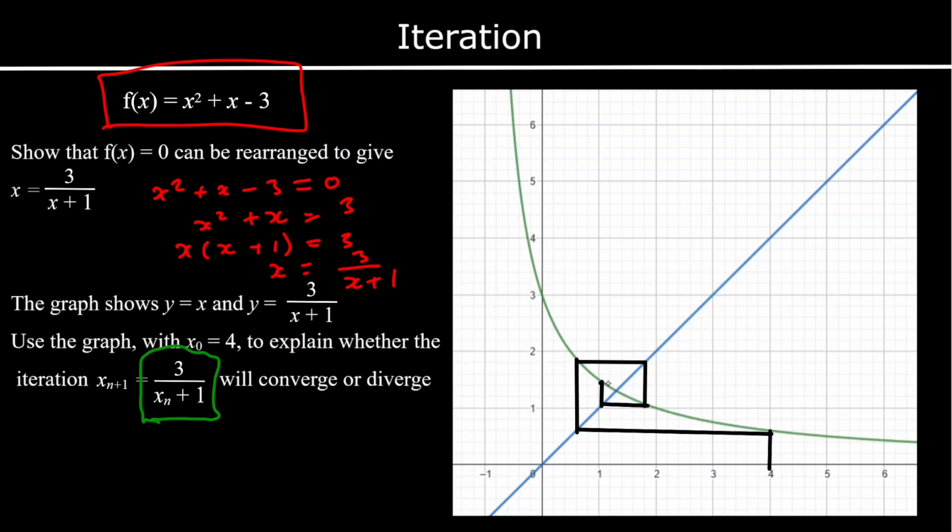We want to put that in. So bounce it off. And so on. And we get closer and closer. We are converging. So this one converges to a root. And we can see the root is where the intersection is, which is at around 1.3.